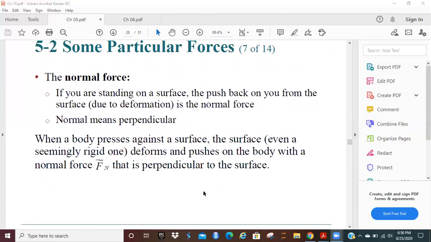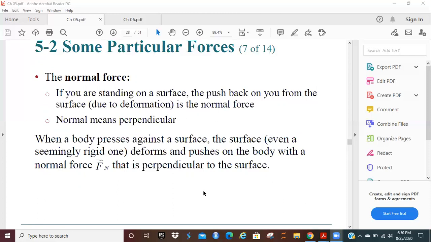Okay. Here's a concept that is going to prove useful in the next chapter. It's called the normal force. If you're standing on a surface, let's say you're standing at your computer, the pushback on you from the surface is considered the normal force. Normal means perpendicular.